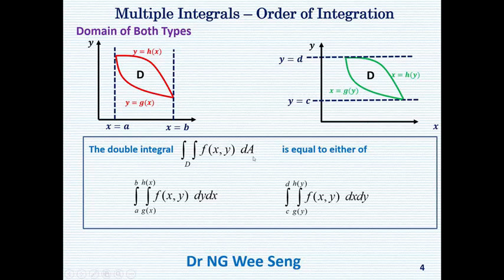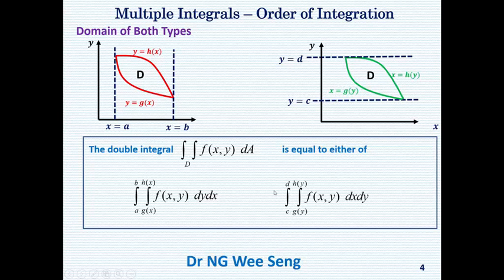So when this happens, the double integral can be computed either by using this iterated integral corresponding to the type 1 region, or the second one for the type 2 region. They have the same values.